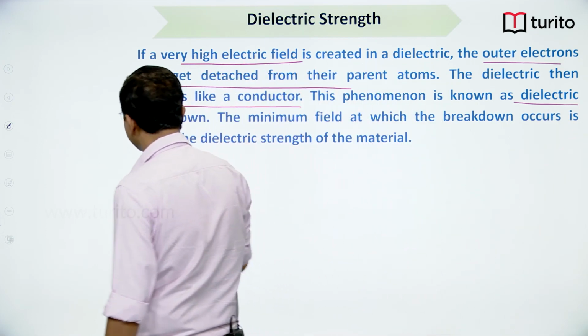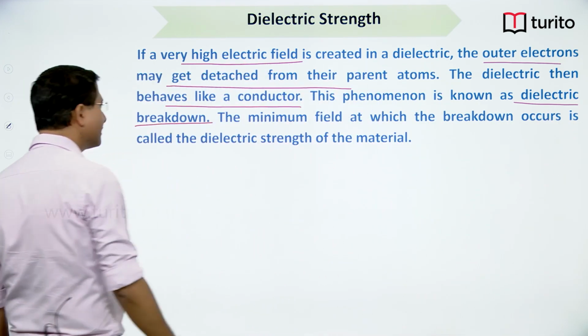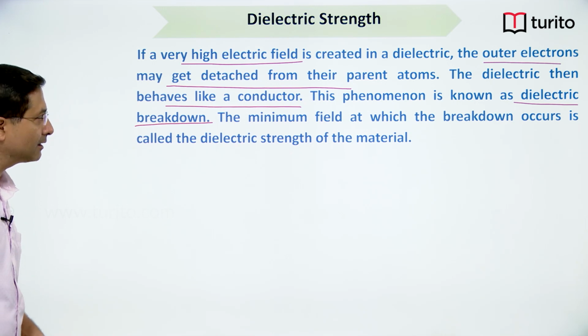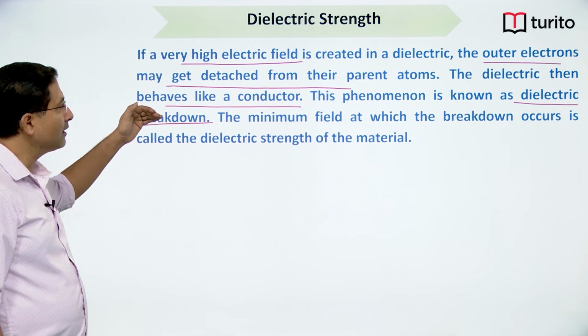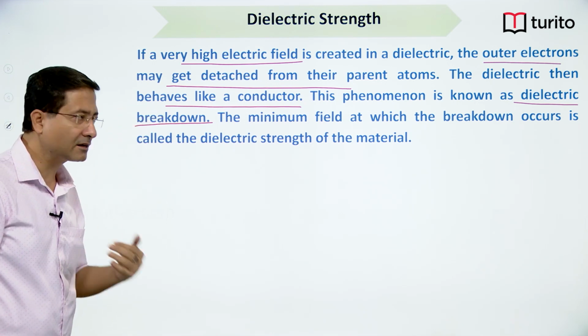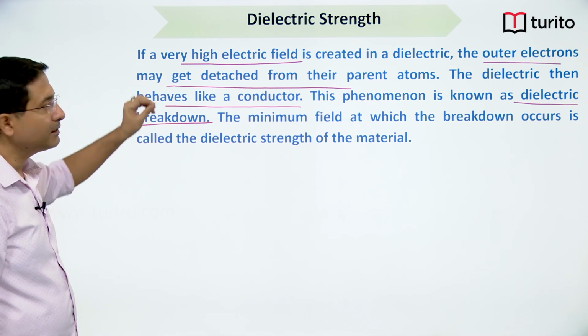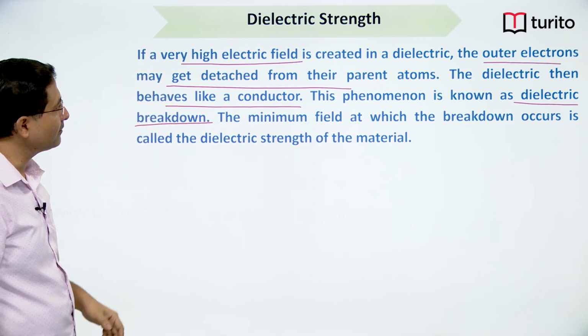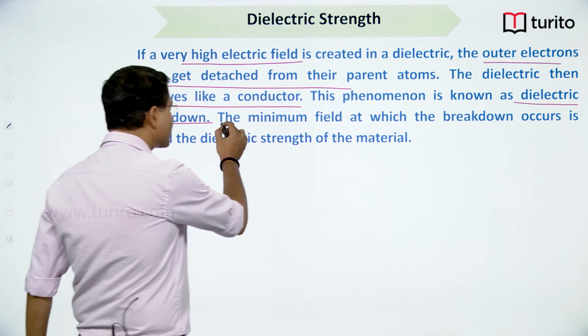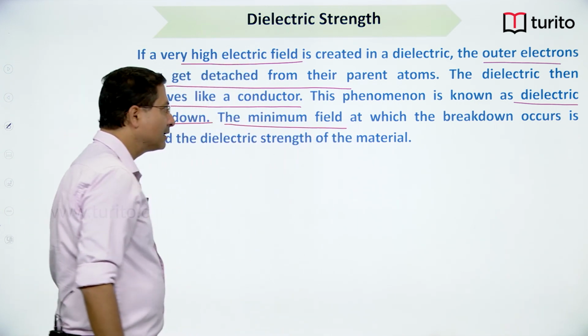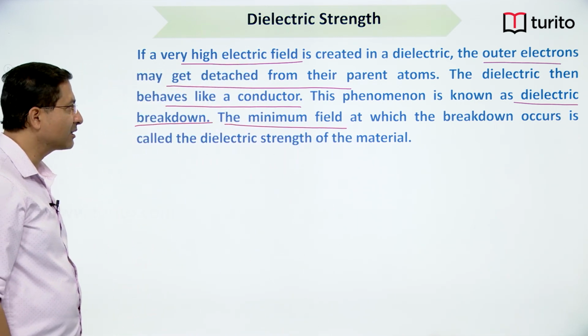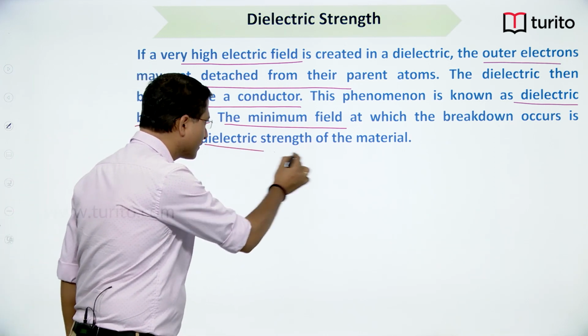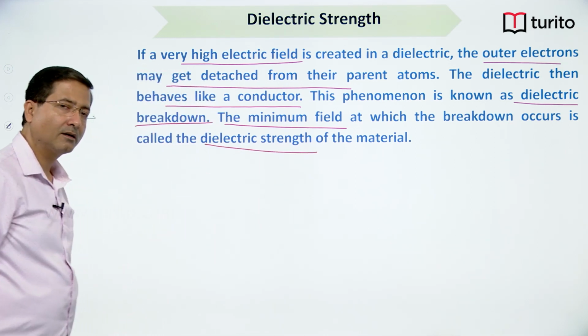So, when our dielectric becomes a conductor, that phenomenon is known as dielectric breakdown, and whatever the external field at that time is called the dielectric strength of the material, right.